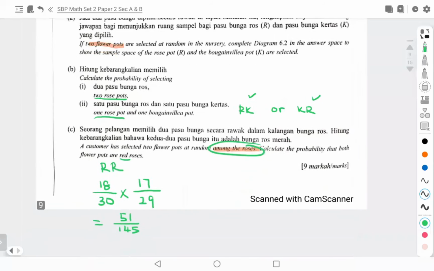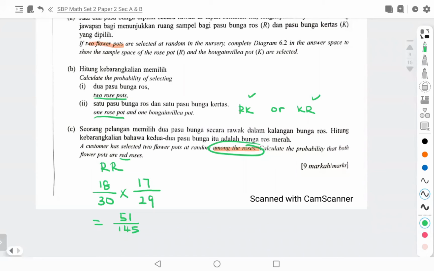So it applies to other situations also. Let's say the question C here, also the same. You have a total of 30 roses in the pot. Once you select one out, when you select the second time, the total is already less 1, right? That's why it will become 29. The total becomes less 1. The same goes to the red roses also.